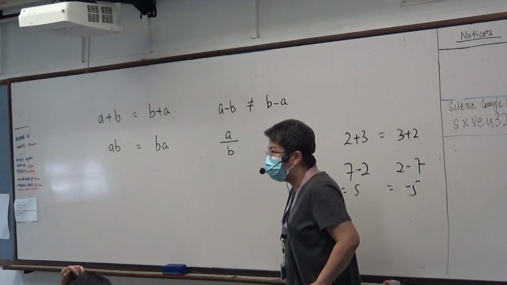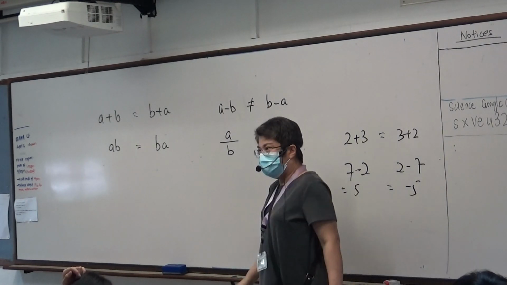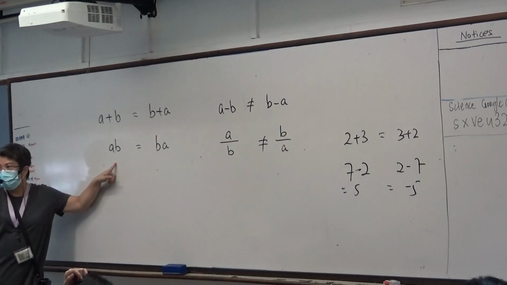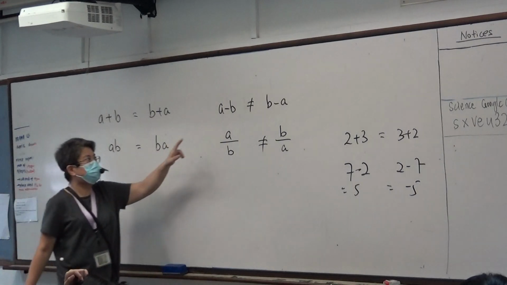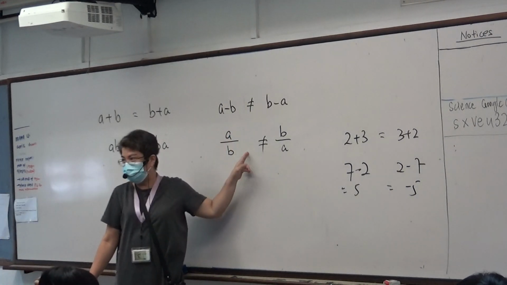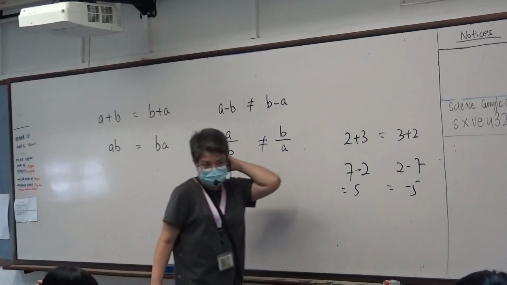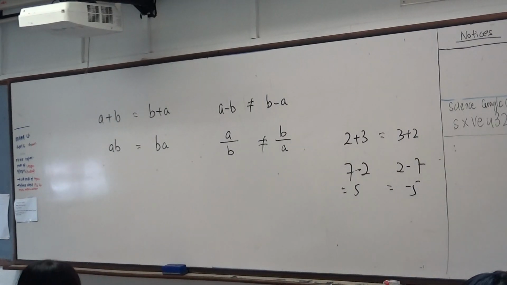No. So it's only true for what? Addition and multiplication. It is not true for subtraction and division. Are we okay? Now, can we take down these 4 things at the bottom of page 93? All of you, I'll give you some time.